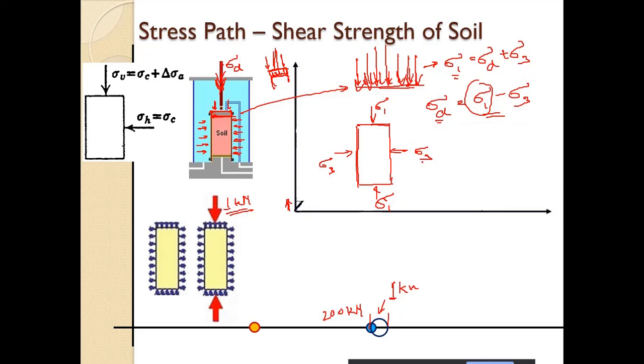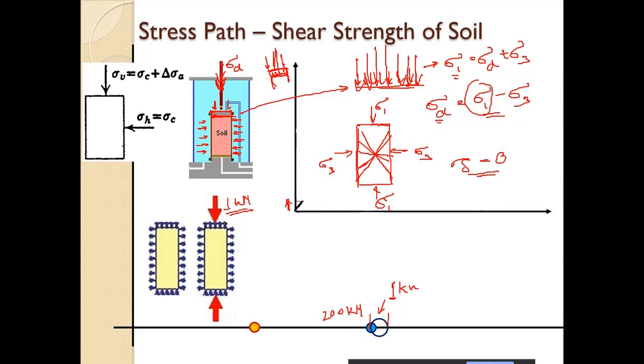When sigma 1 was equal to sigma 3, on any inclined plane at an angle theta, the shear stress was 0. That means this soil sample was subjected to only compressive, confining stress.